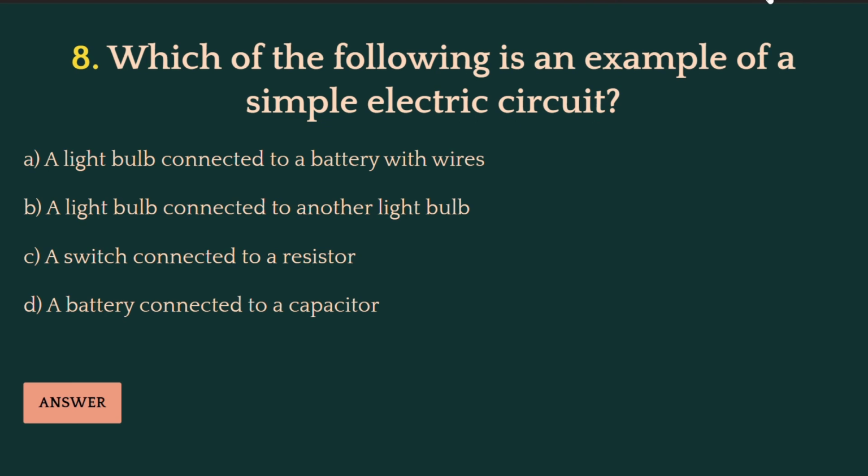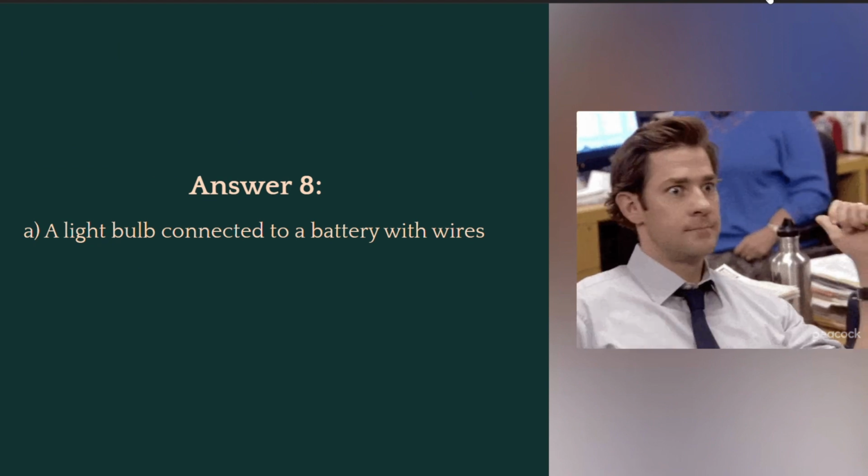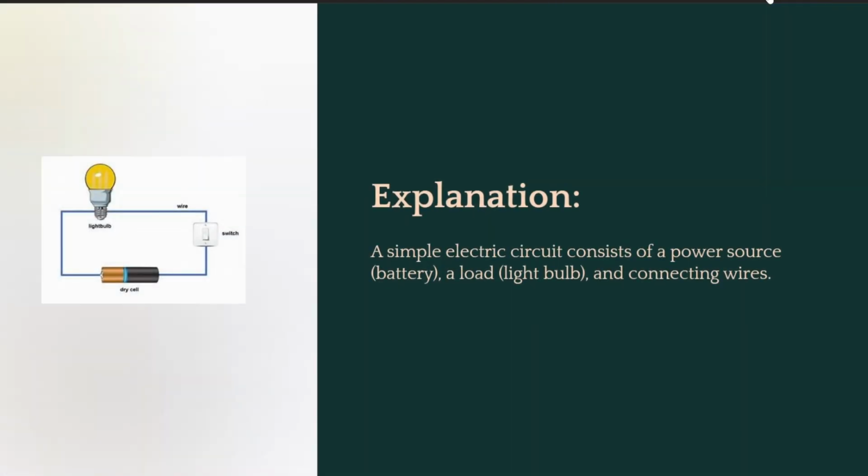And option D. A battery connected to a capacitor. The correct answer for this question is a light bulb connected to a battery with wires. A simple electric circuit consists of a power source, which is a battery, a load, which is a light bulb, and connecting wires.